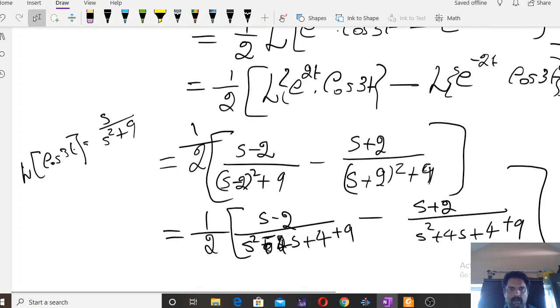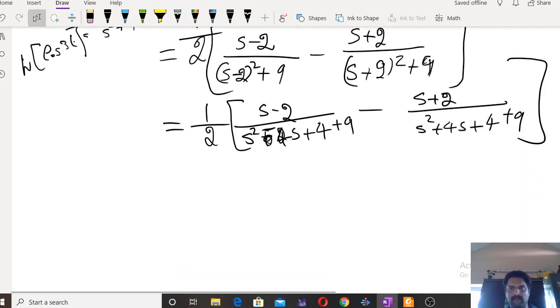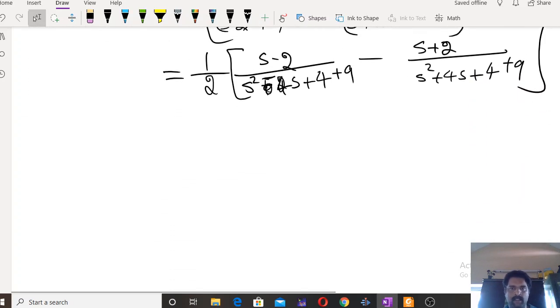I think this will not give a very beautiful form by simplification.